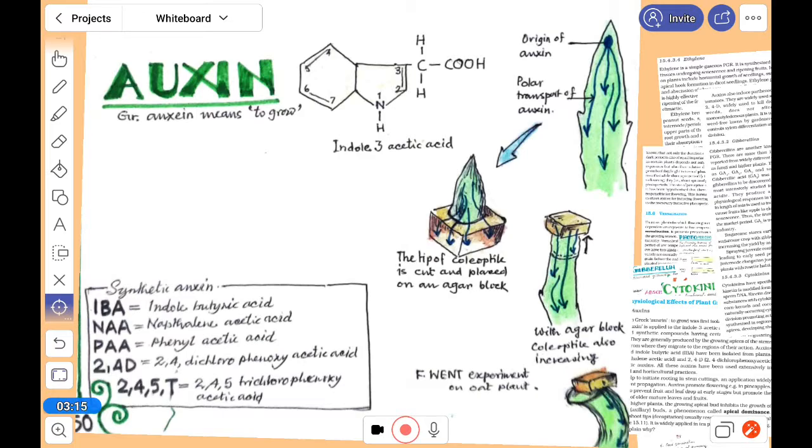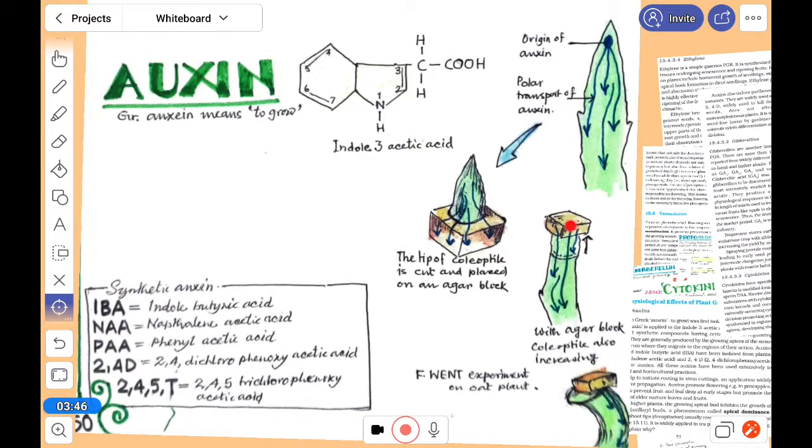In that way it makes the growth of the other parts. If we cut these areas, then for the time being that growth will be stopped. Here one experiment shows that it is polar transport. If we cut it and place an agar block at the tip part, as the auxin goes downwards, the agar block takes this auxin.